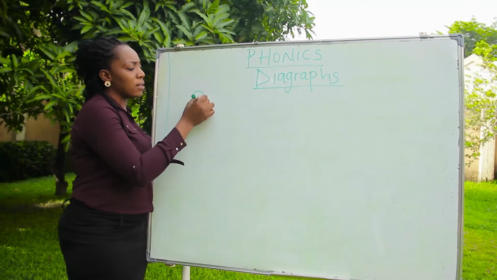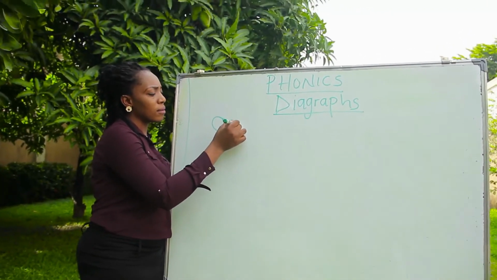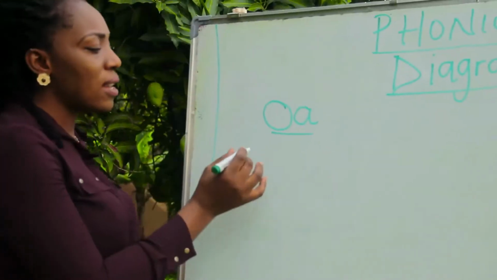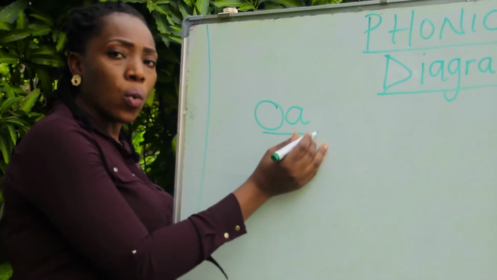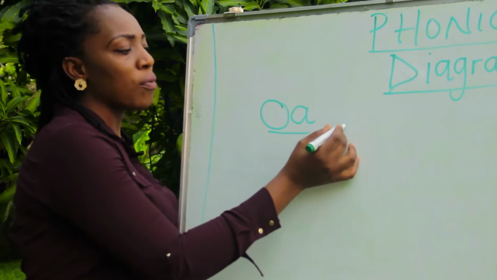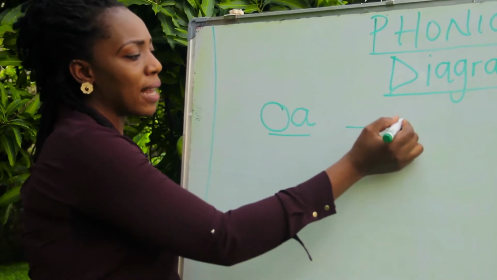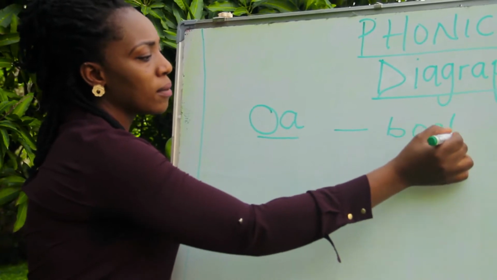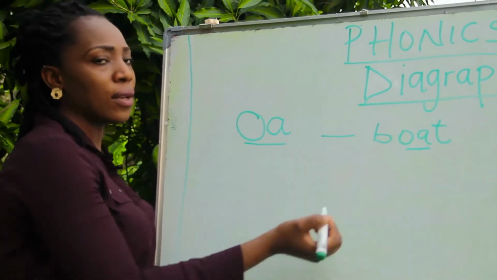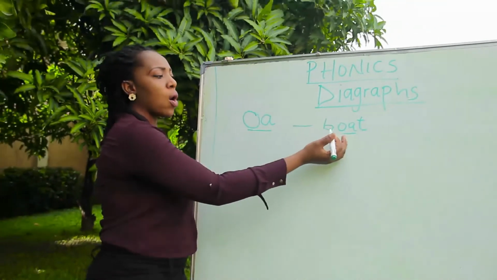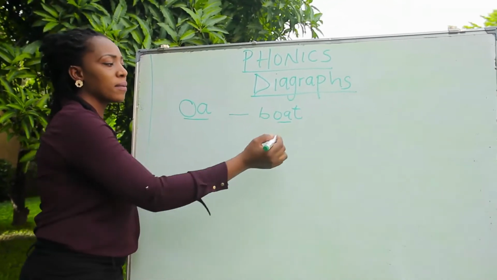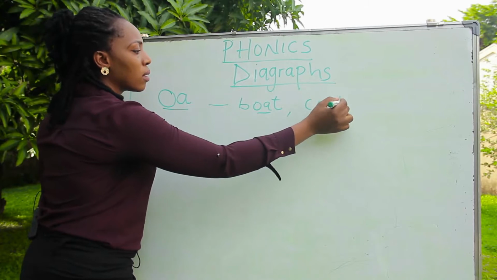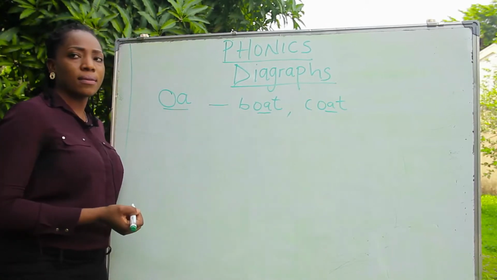We have this. This digraph is called oa. This is oa, as in boat. B, oat, boat. K, oat, coat.